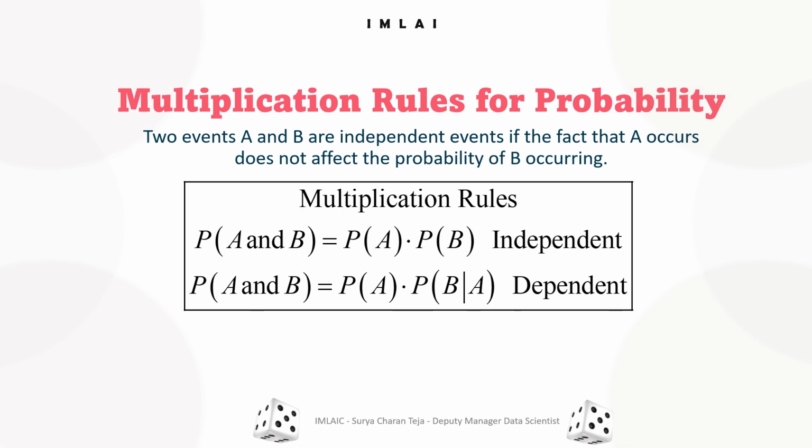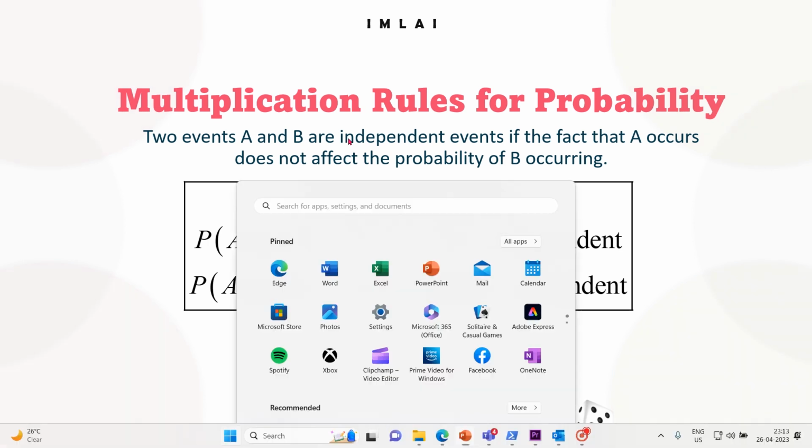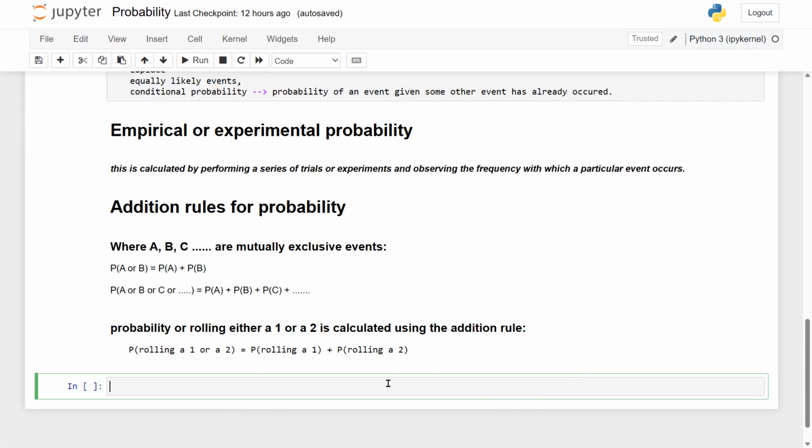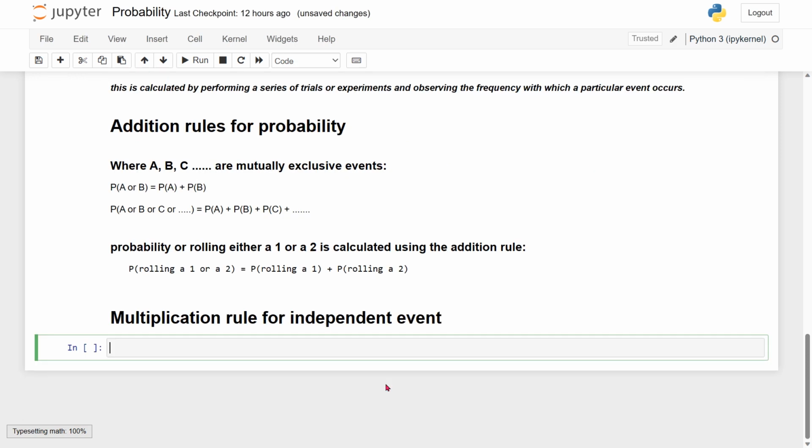First, let's see the multiplication rule for independent events.